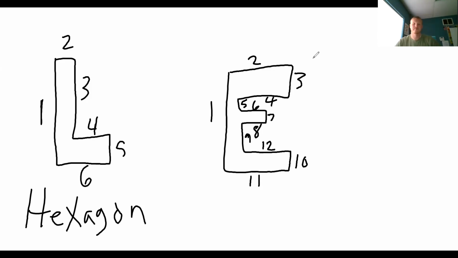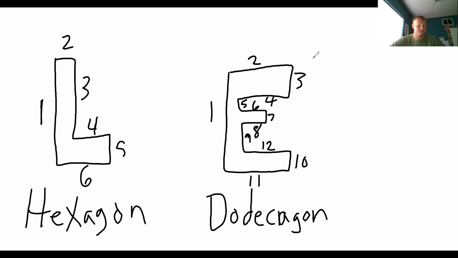I forgot one of my sides. So there's 12 sides. So what type of polygon is that, Ian? Dodecagon. I spelled that wrong, but that's okay.